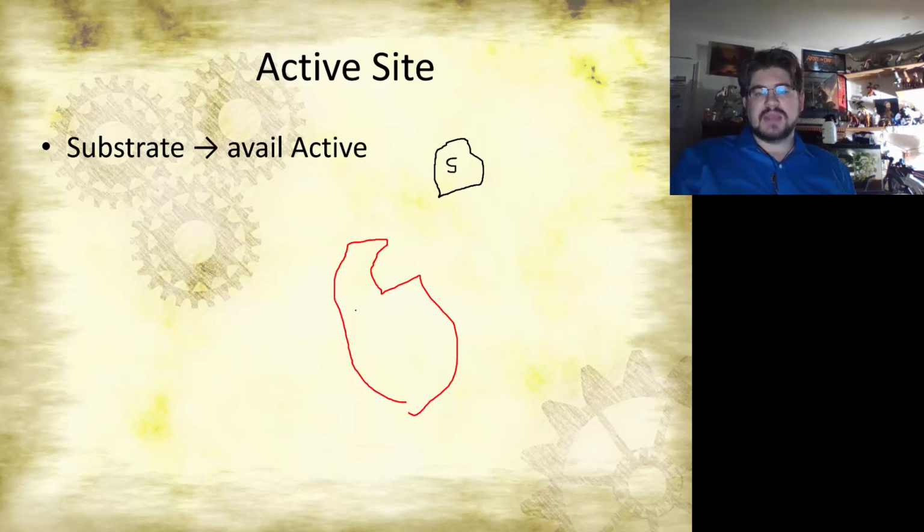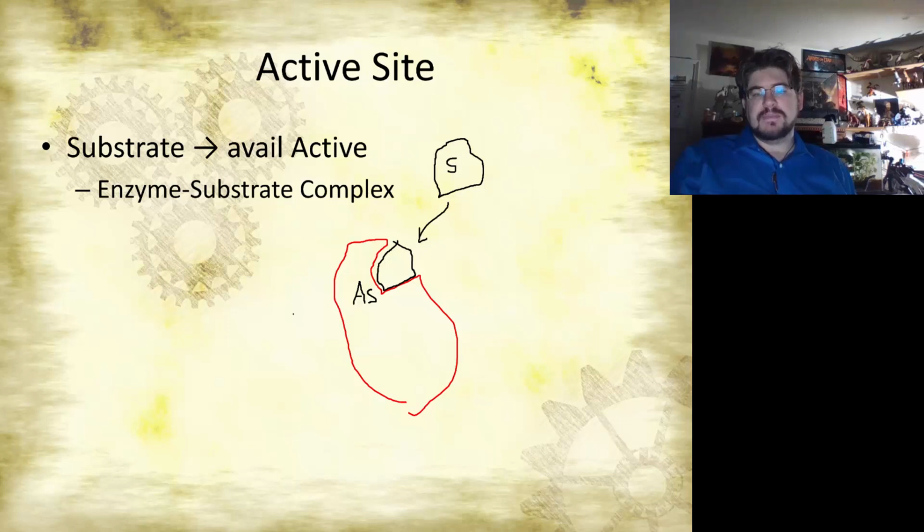And here's my active site. My substrate binds to the active site, forming what's called the enzyme substrate complex. So the enzyme substrate complex is what occurs when the substrate binds to the active site.